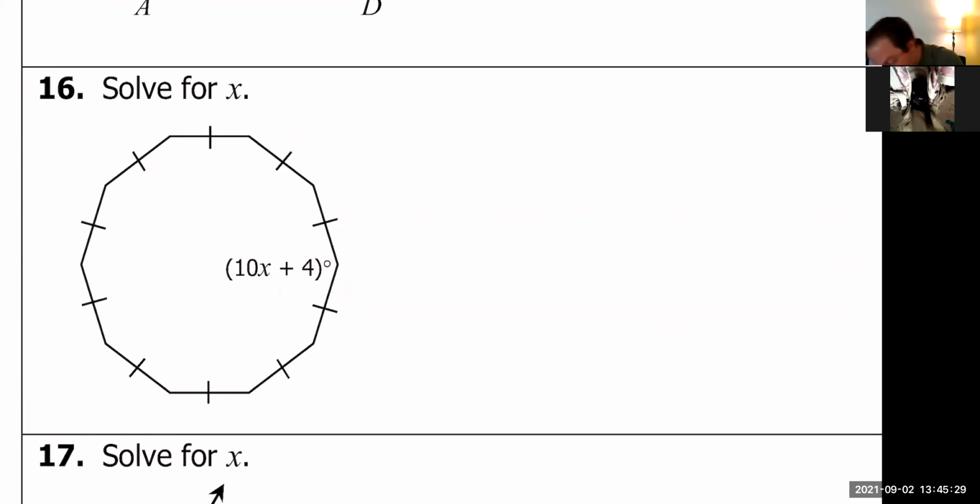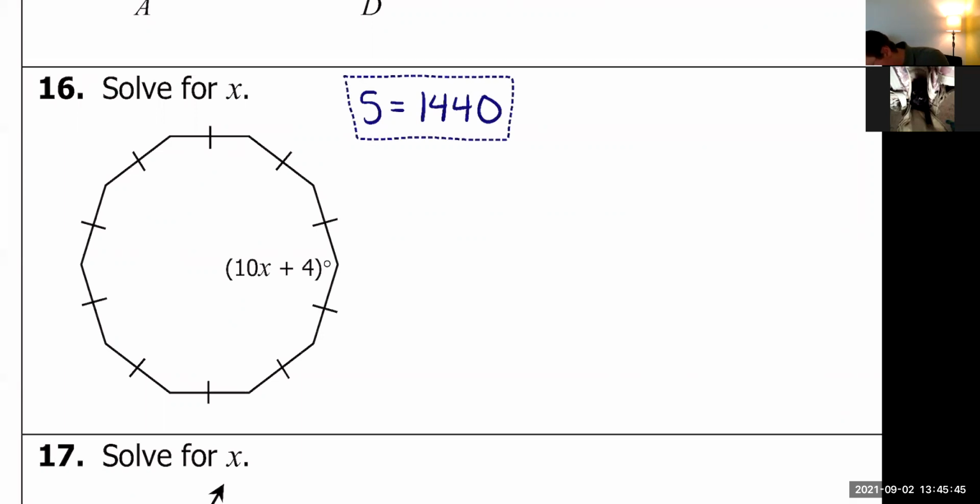I didn't actually count yet. Yep, 10 sides. So do we know what the total should be? 1440, because it's a 10-sided shape. Okay, so we know where we're going. Problem is though, I don't have something for every single angle. I only have one of them.